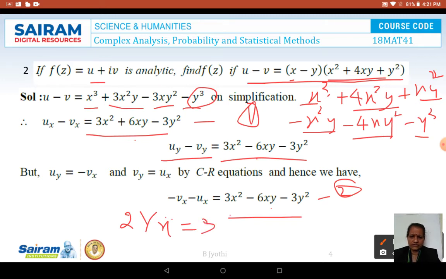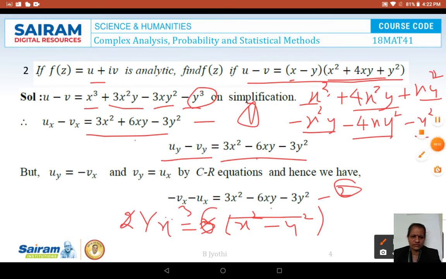We get thrice of 3x square. No, 3x square plus 3x square will be 6x square minus 6y square. So it is 6 times of x squared minus y square. Cancelling 2 on either side, vx will be equal to 3 times of x squared minus y square.